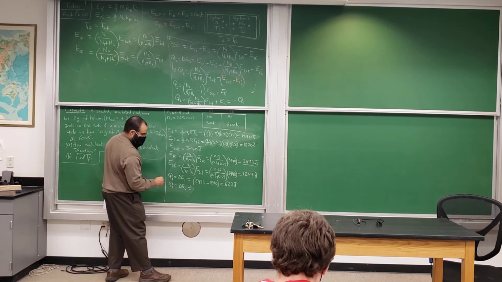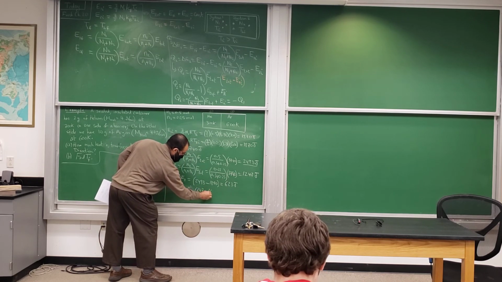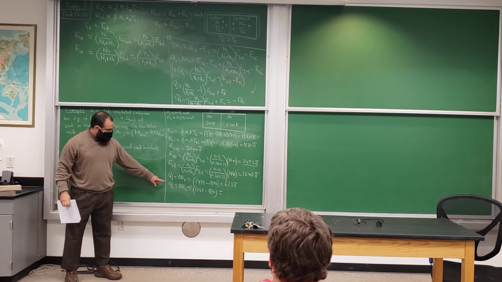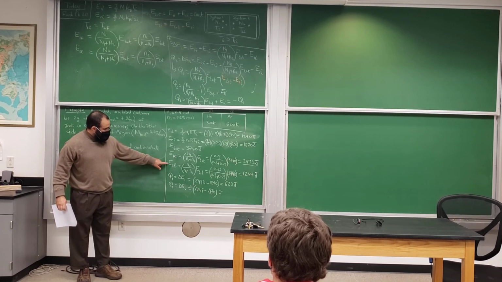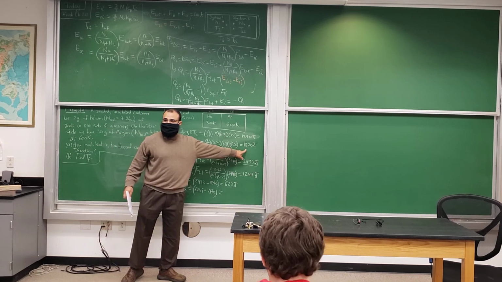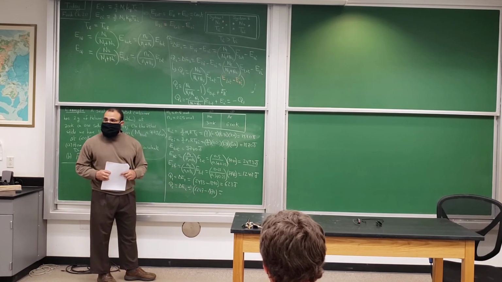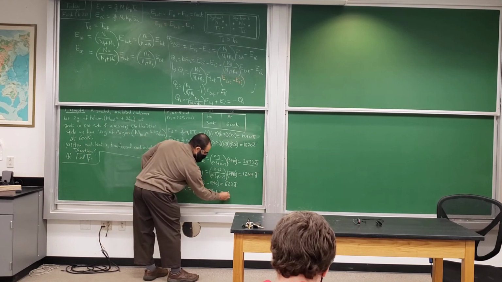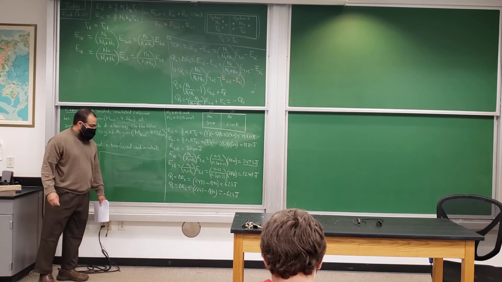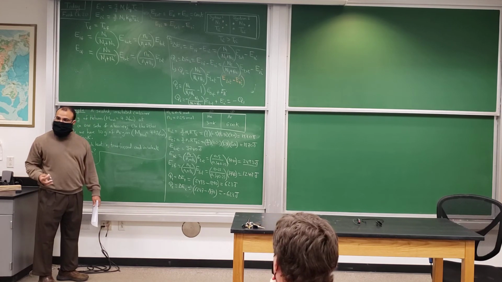E2 final is 1247 minus 1870. System 2 ended with 1247 and it started at 1870. This number is less than that one, so it will be negative, and it's not surprising that it's negative 623 joules. So system 2 lost heat, system 1 gained heat.